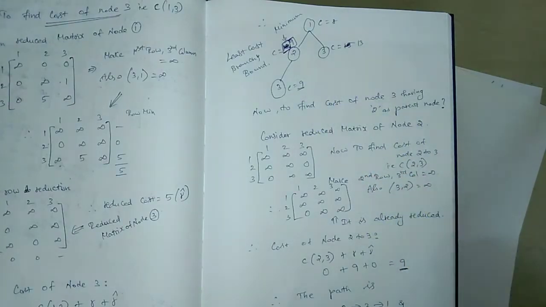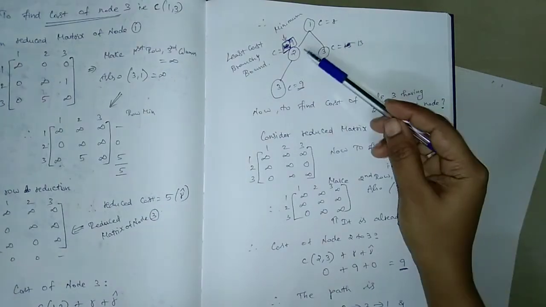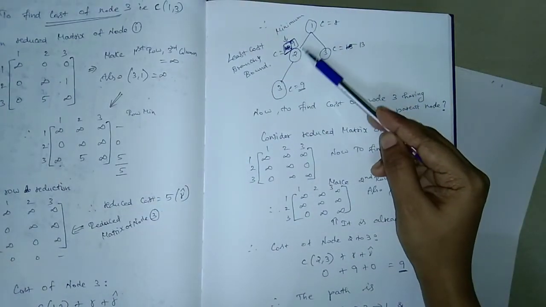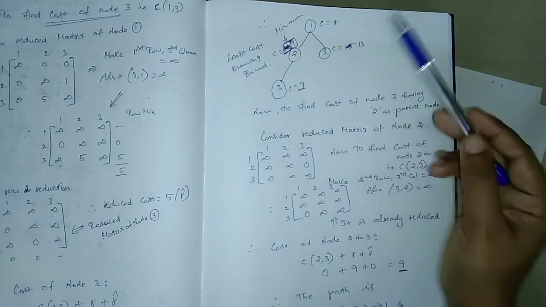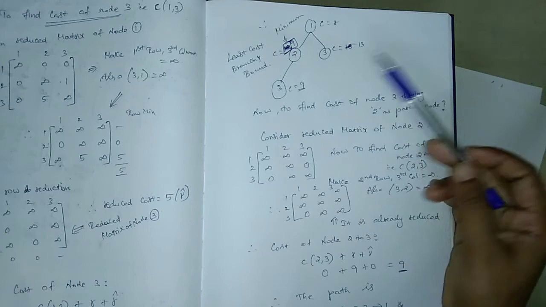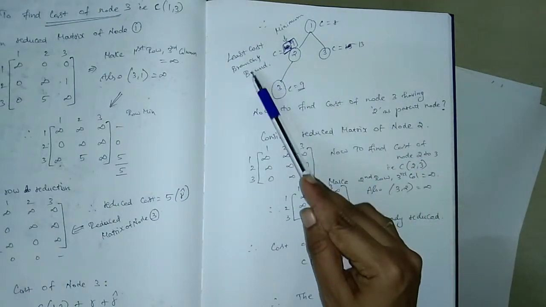In the branch and bound technique, the nodes can be branched further in a breadth first manner, and it can be FIFO order, that is first in first out. First in first out in the sense that after calculating 1 I have to branch out to either 2 or 3. Initially I will branch out to 2 and then I will also branch out 3, whereas here this is least cost branch and bound.